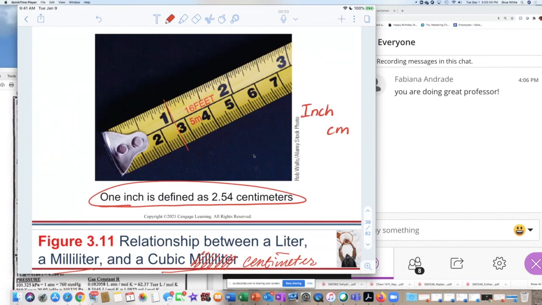If you look at the inch from here to here, this is 1 inch. But if you look at the centimeter side, the 1 inch is equivalent to 2.54 centimeters. And this is how they get the equality, right? The same object is measured twice using different measurements. So 1 inch from this picture is defined as 2.54 centimeters.